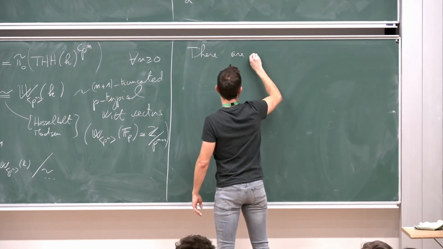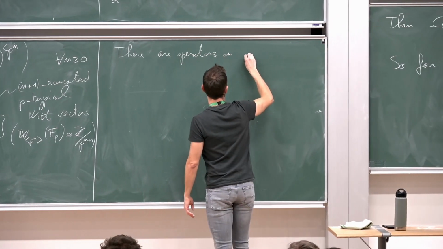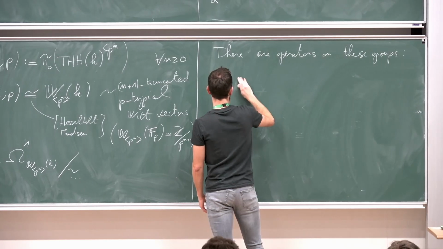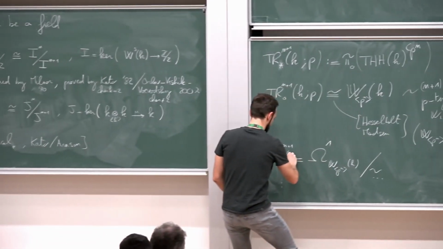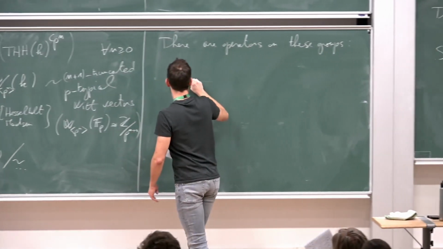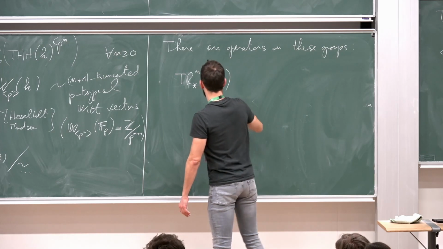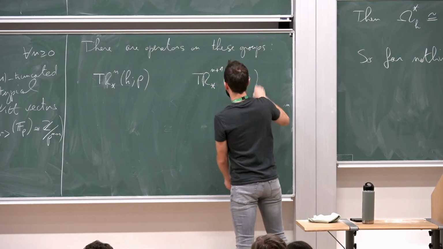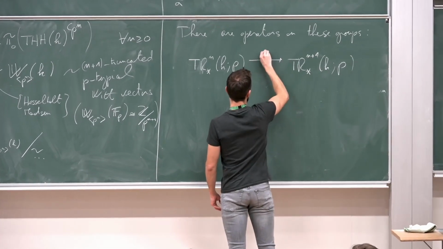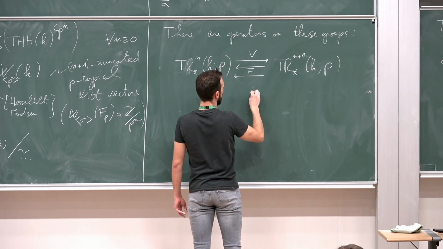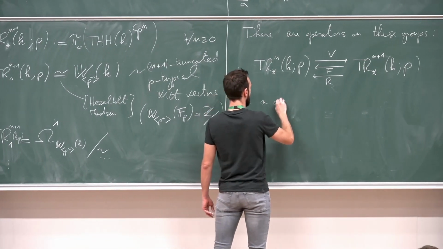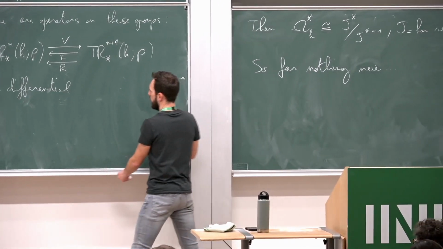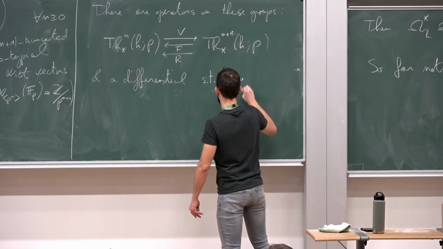So there are operators on these groups. If we take this group, and this one, there are maps, let's see, there is one here called V, and two there called F and R. And a differential that comes from the circle action, and they satisfy some axioms.